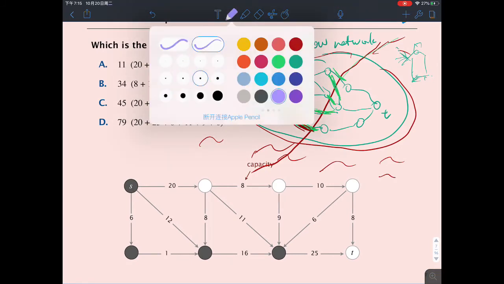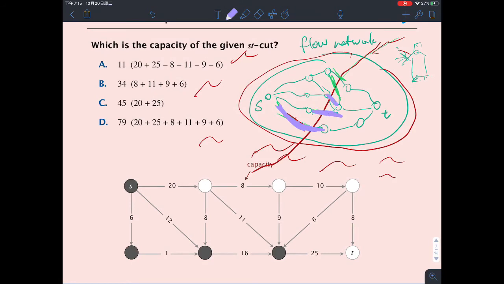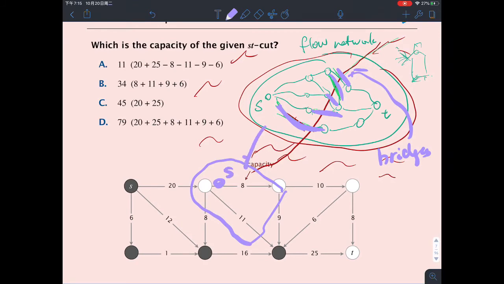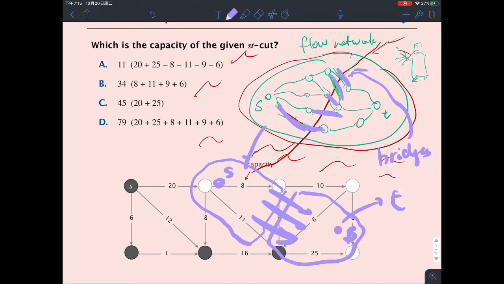You can view it as now having two islands. Let me use a different color. These are the bridges connecting the two islands. Imagine this is the S island containing S, this is the first island, and this is the T island, this is T. There are a certain amount of bridges that can help me move water from left to right.